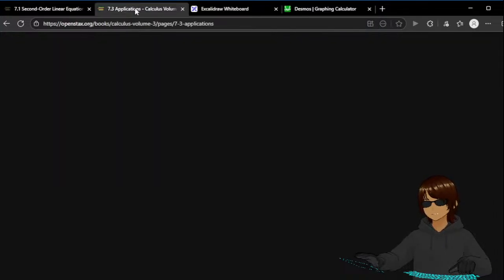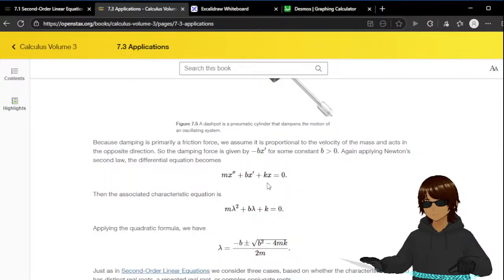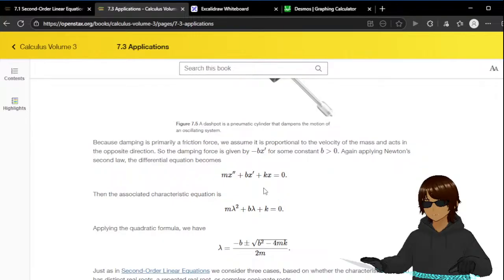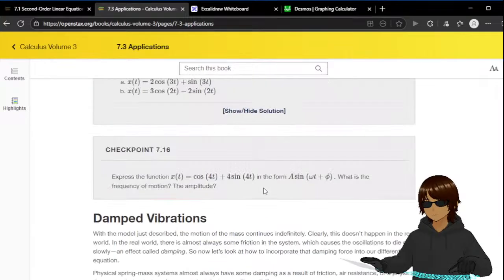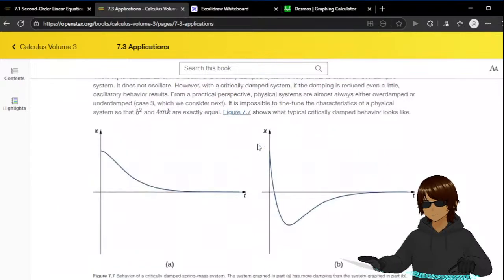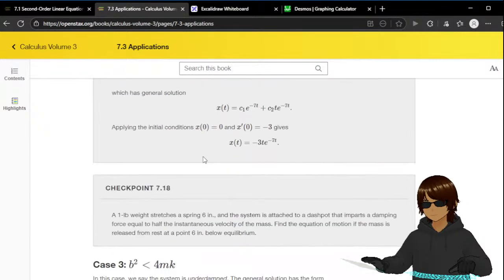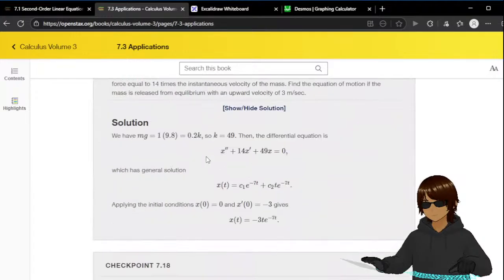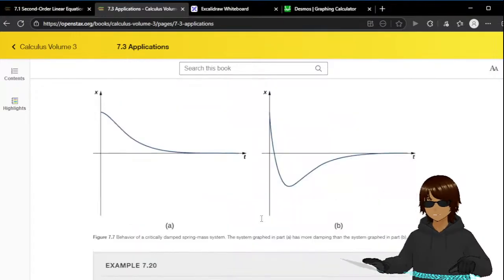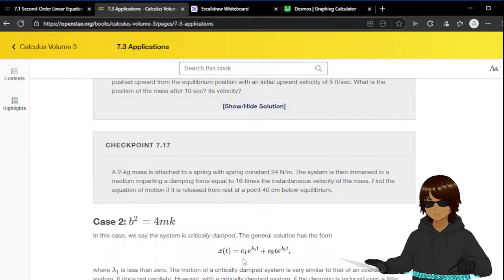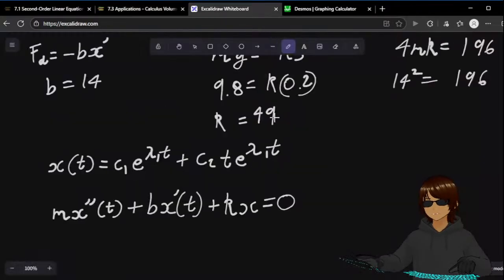Hold on, is that the answer? This is the motion then. Is this the equation? Then what do they want us to find? Oh no, okay, I got this wrong.